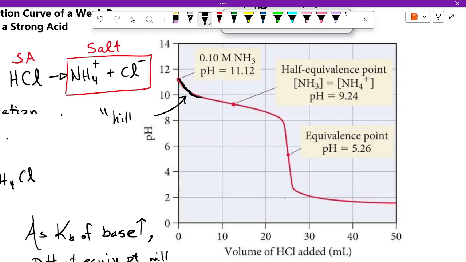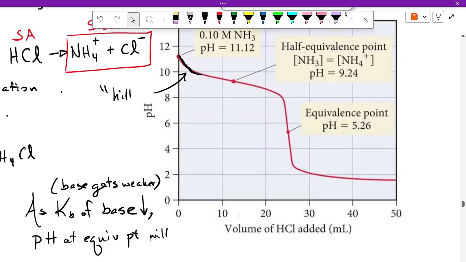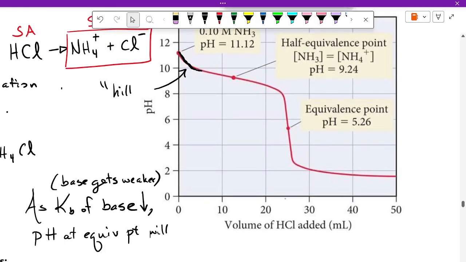Actually, I should say as the Kb of the base decreases, as the base gets weaker, the pH at the equivalence point will decrease. Excellent.